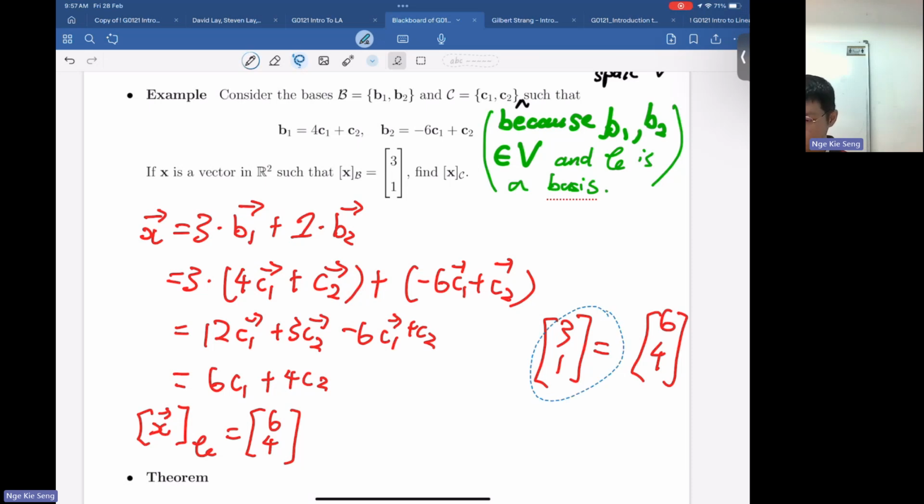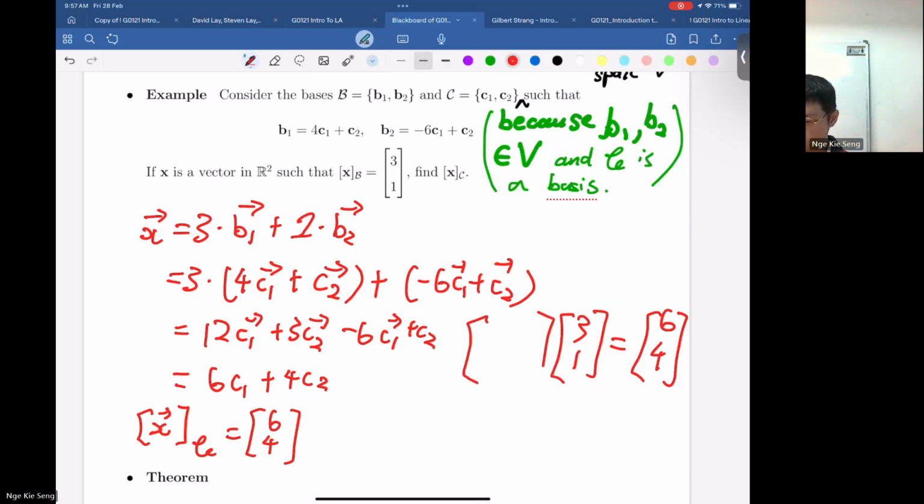by a 2 by 2 matrix, right? Can you reckon what the 2 by 2 matrix you need to put here is? Guess from this calculation. The matrix is 4, 1, negative 6, 1.